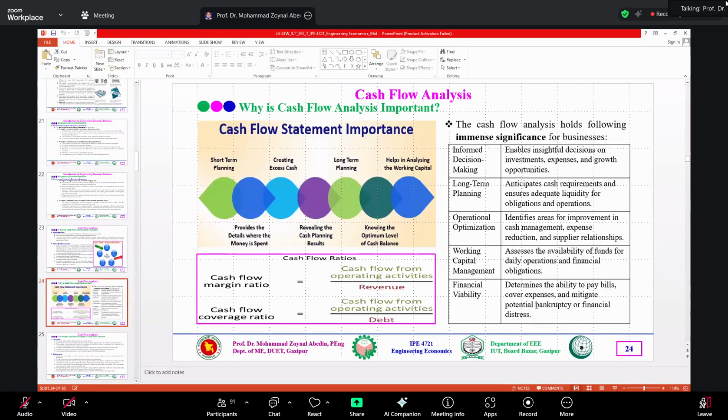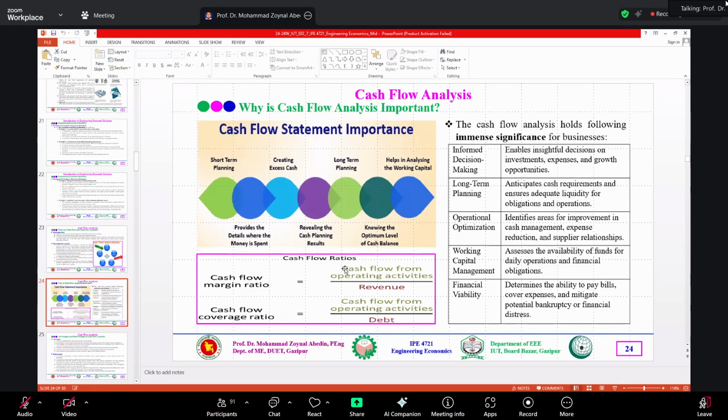Financial viability determines the ability to pay bills, cover expenses, and mitigate potential bankruptcy or financial distresses. So it will help you to understand to ensure the financial viability. So these all five important factors that can be explained by the cash flow analysis, cash flow statement.